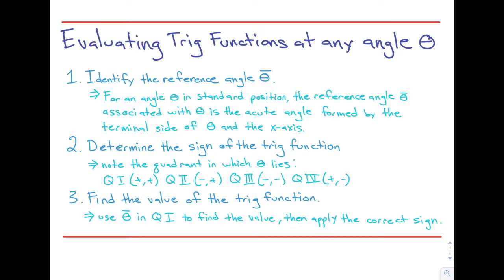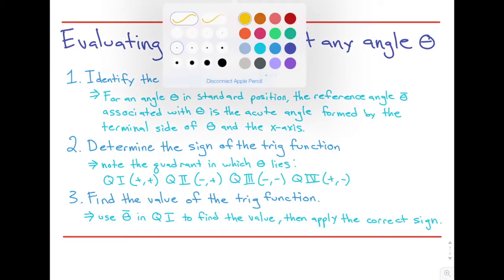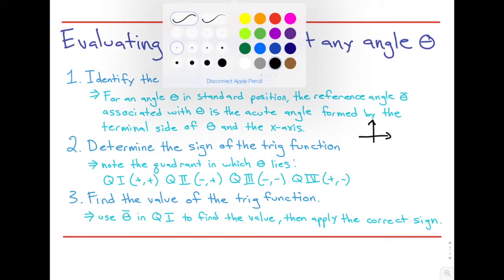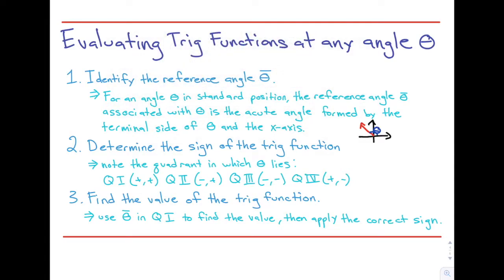Very similar idea, but now instead of looking at the shortest distance from the terminal point, we're looking at the smallest angle from the terminal side back to the x-axis. So that might look something like this: these are our axes, and we had that ray with this theta here. Theta bar would be that angle, the purple angle. And like t bar, theta bar is supposed to remind us of quadrant 1 to make it easier to compute the trigonometric ratios for any angle theta.